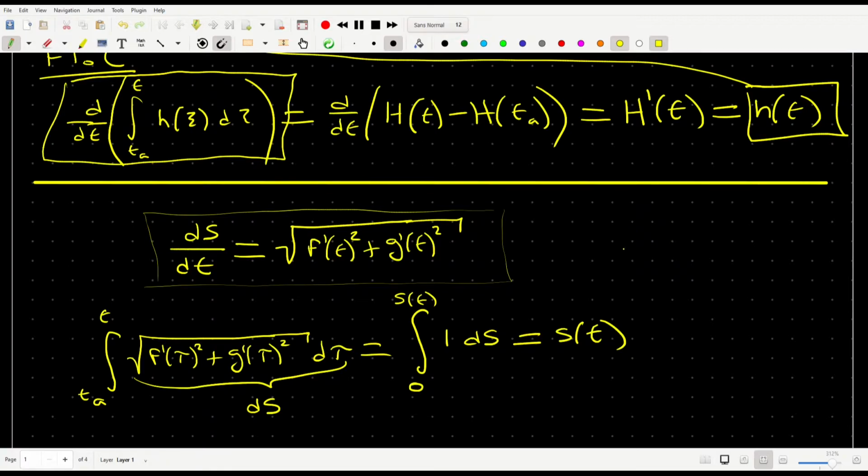So what happens if I integrate from 0 to s of t some other function, maybe L of s ds? What's going to happen here, and what is this going to mean physically?